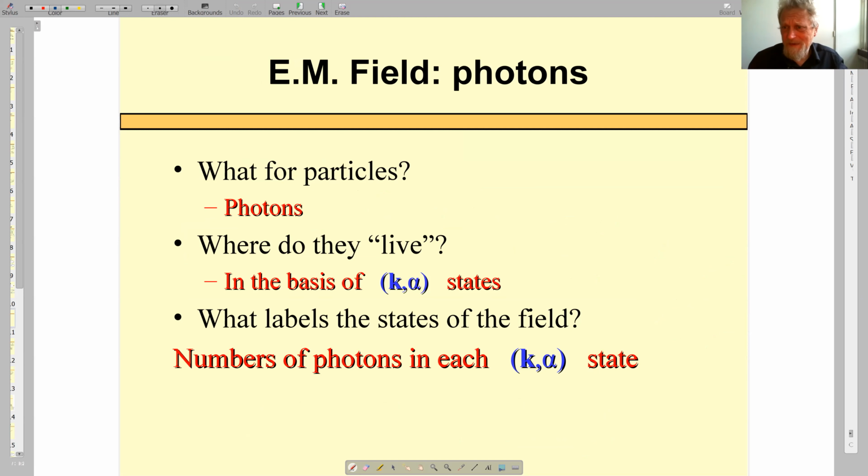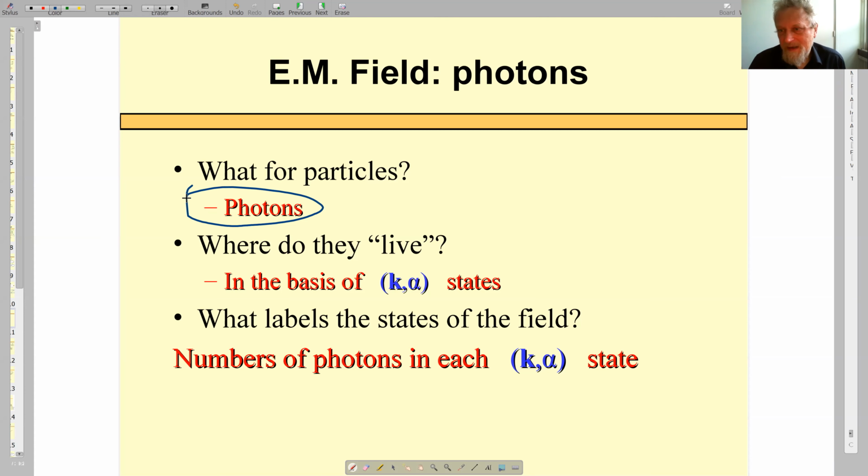Let me say something which you know already. The quanta of the electromagnetic field are called photons, right? This is obtained by quantization of the Maxwell equations in the same way. First, the Maxwell equations are presented in the form of oscillators. They are quantized. So these particles are called photons.